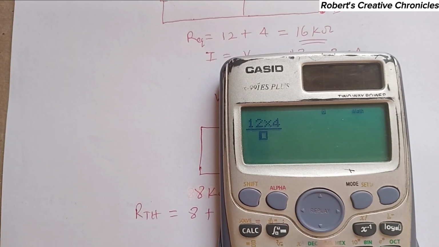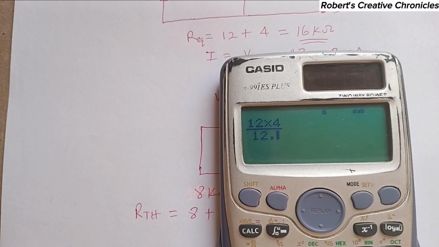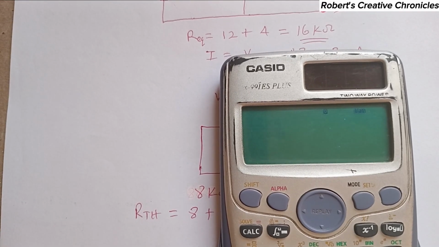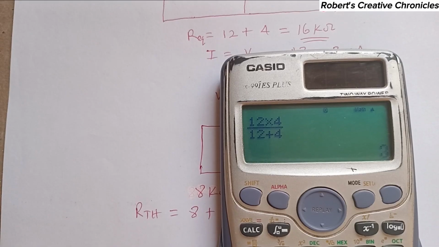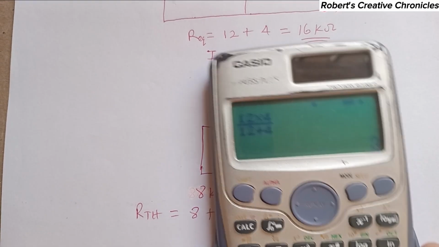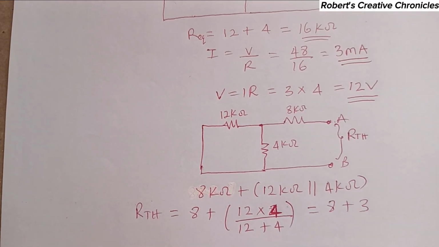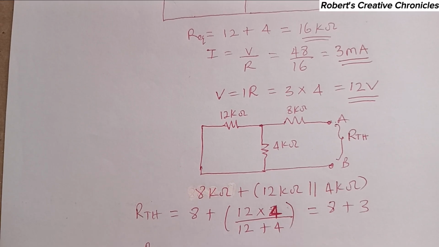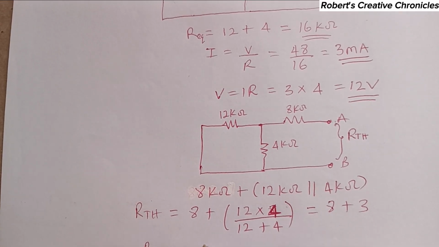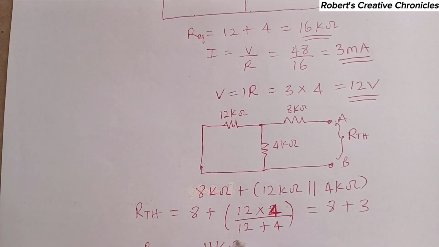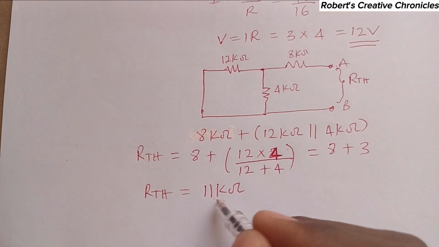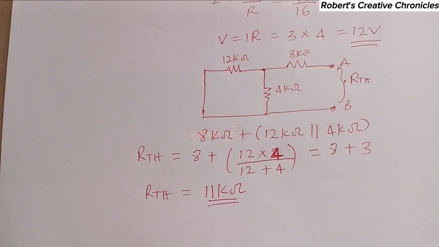Twelve times 4 over 12 plus 4 is 3. So this is equal to 8 plus 3. So the Thevenin resistance is now 11 kilo ohms.